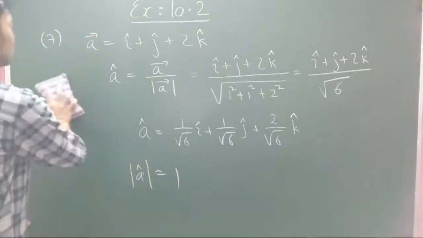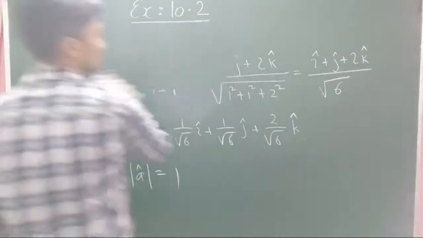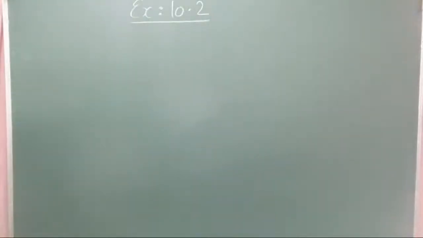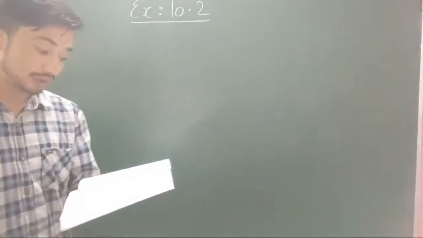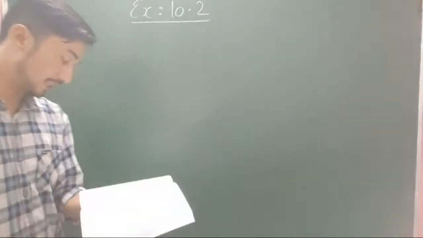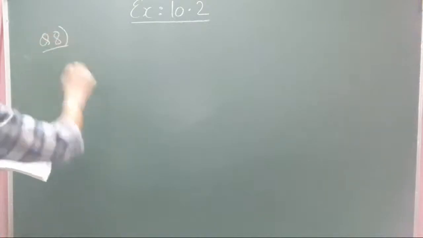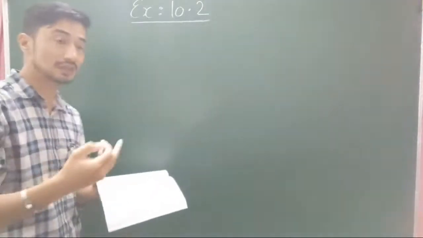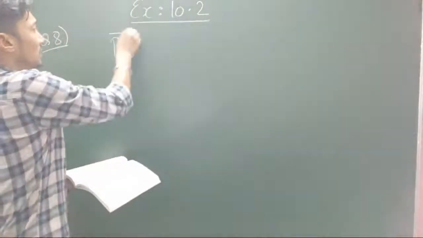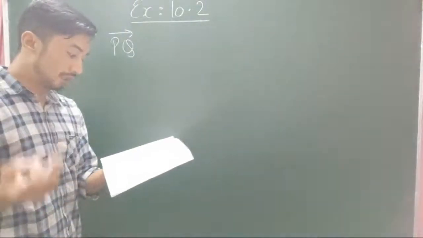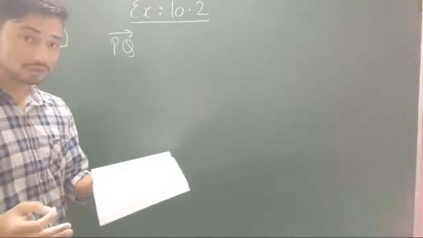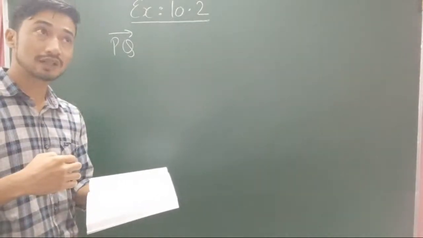Okay, alright, let's move on to 8. Question number 8. Find the unit vector in the direction of vector PQ where P and Q are the points given respectively. So we have to first find out the vector PQ. Now the points P and Q are given to us, so we'll first find out their position vectors.